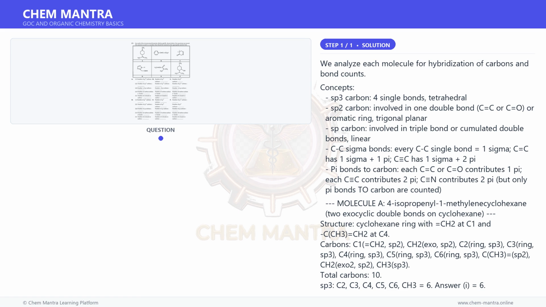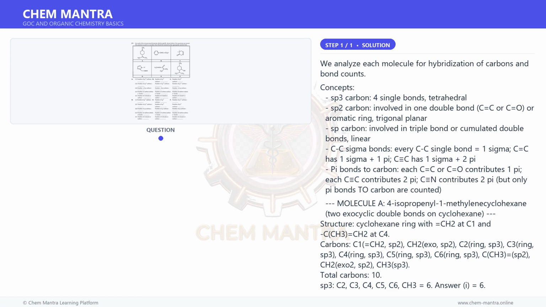Carbons: C1 =, sp2; CH2 exo, sp2; C2 ring, sp3; C3 ring, sp3; C4 ring, sp3; C5 ring, sp3; C6 ring, sp3; C(CH3)2=, sp2; CH3, sp3.